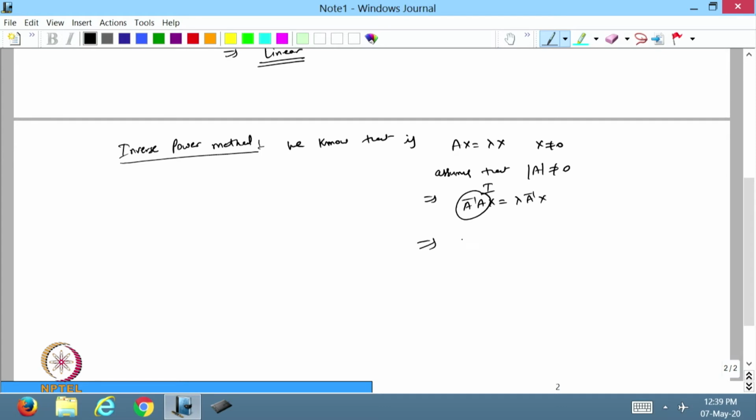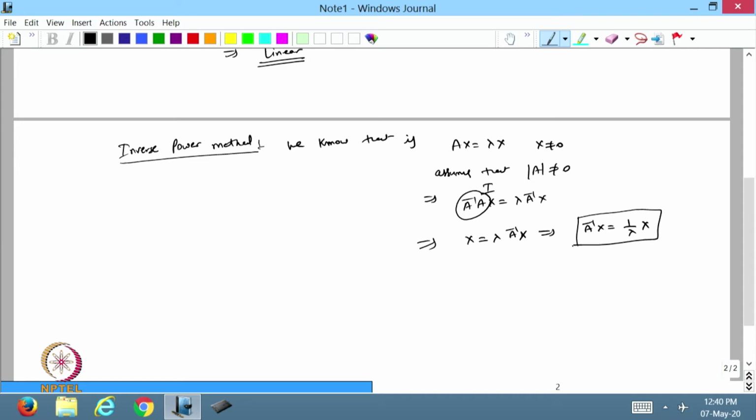From here I can write lambda A inverse x equals x, and this can be written as A inverse x is 1 over lambda x.